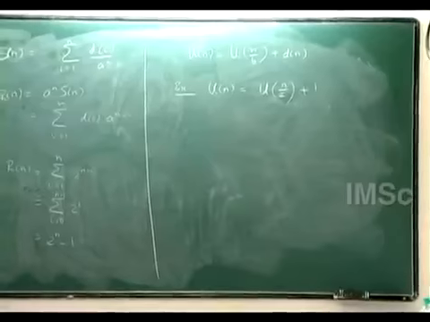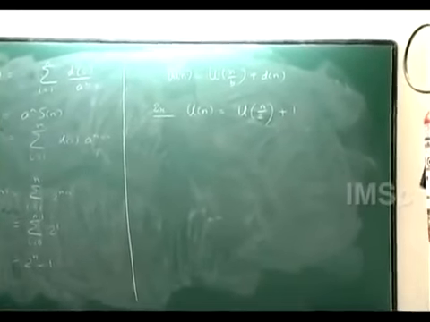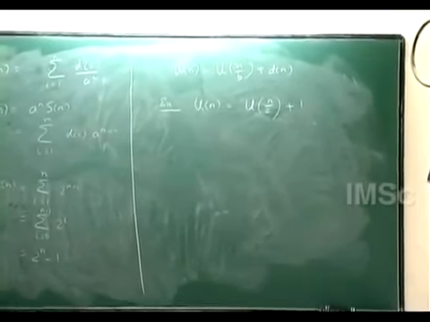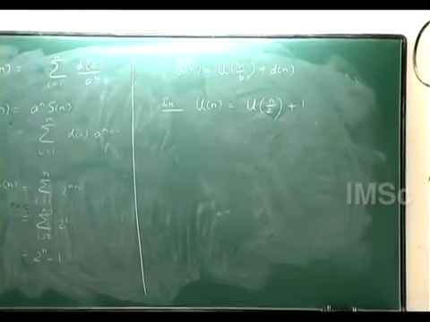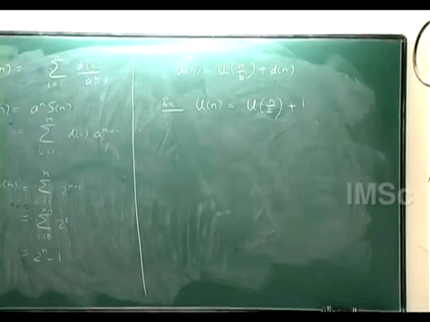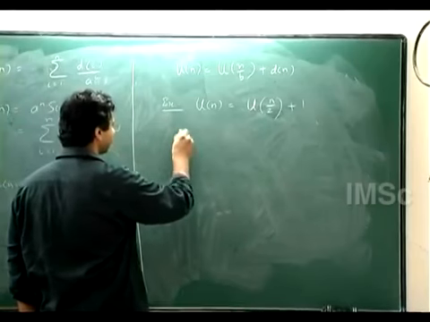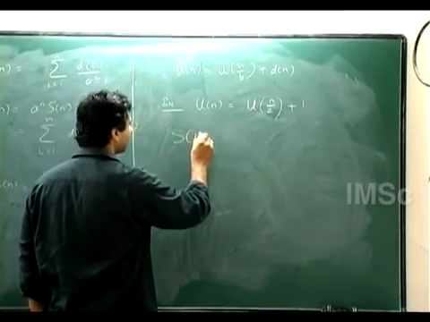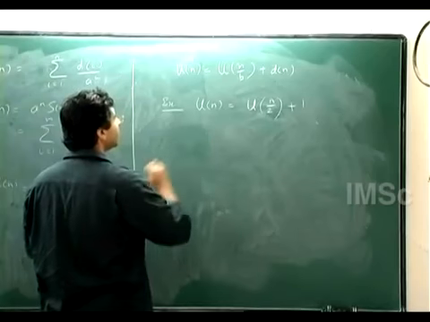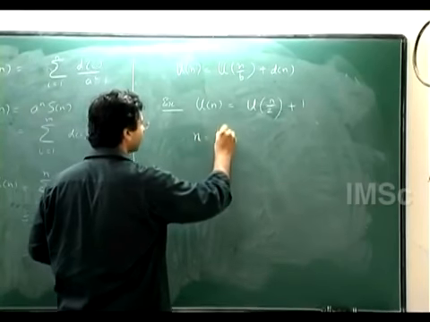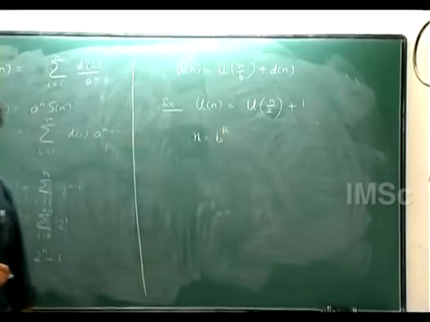So this recurrence. Now I want to do the same thing as we have done here. I want to reduce this recurrence of u to the fundamental recurrence. So what do I do now? What we'll do is, let's say n is some power of b, b raised to k.